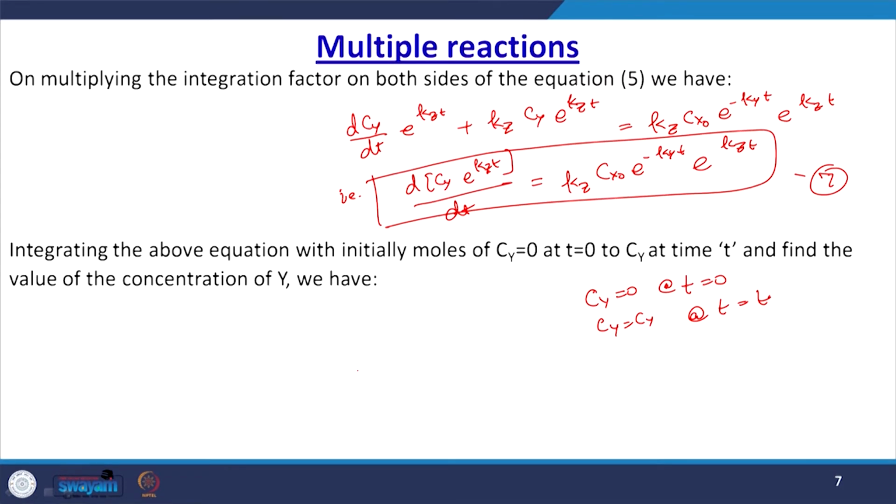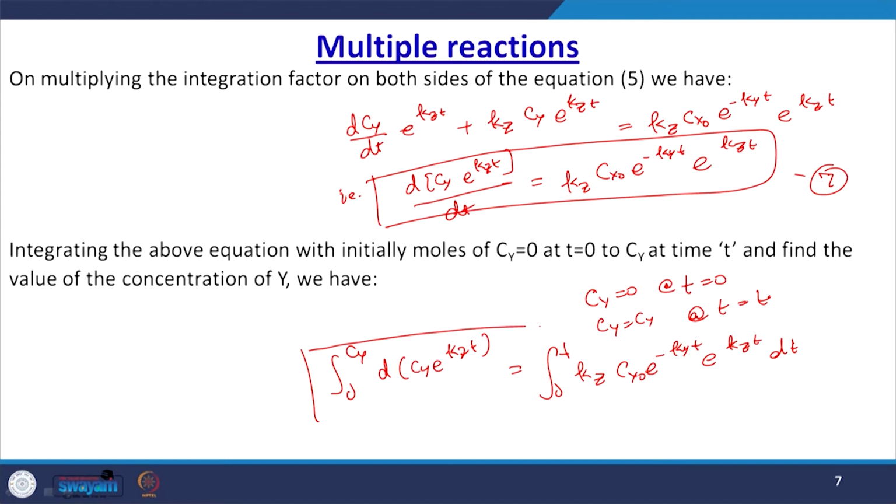So, we have the integral from 0 to Cy of d(Cy e^(kz t)) is equal to the integral from 0 to t of kz Cx0 e^(-ky t) e^(kz t) dt.